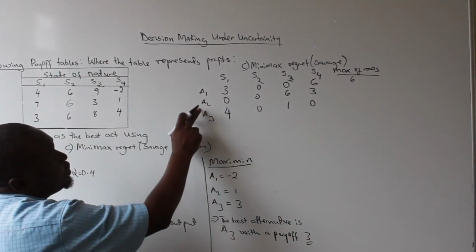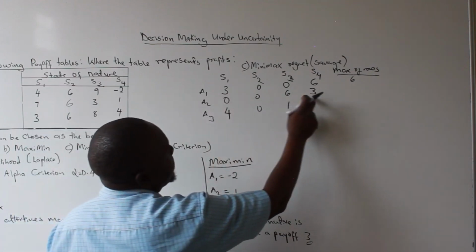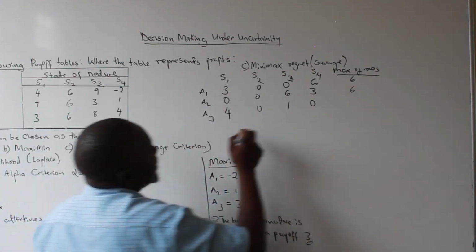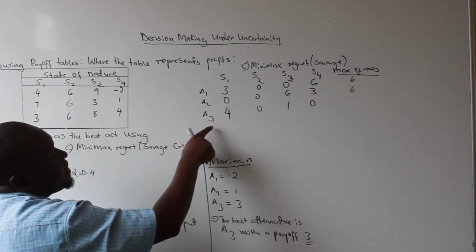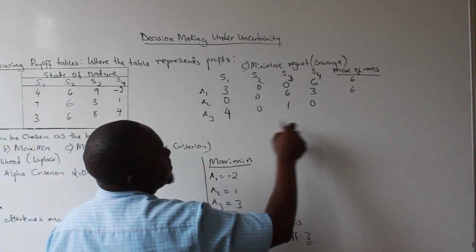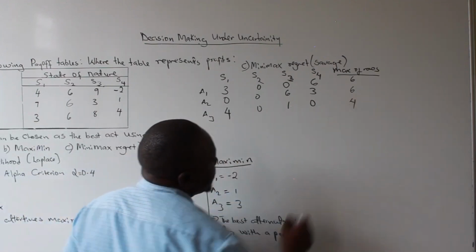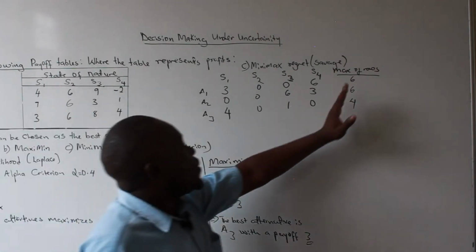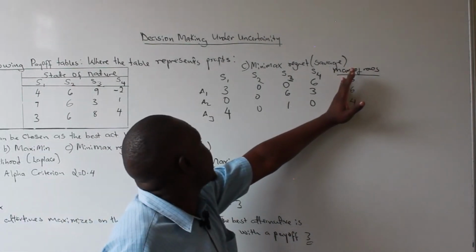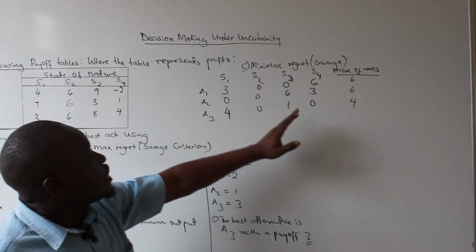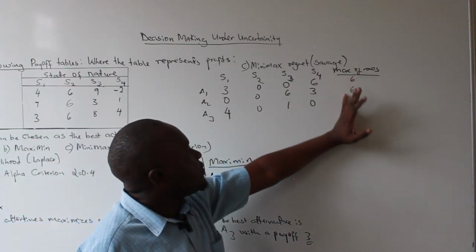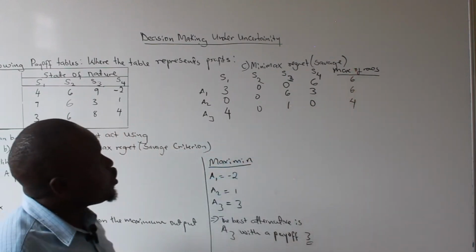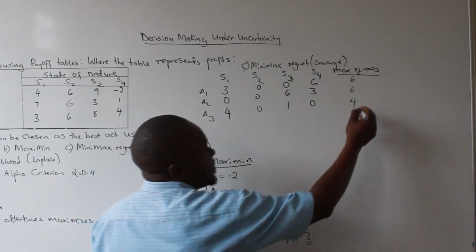Under A2, the same way, the maximum is 6. And the final one, A3, the maximum is 4. Now we have all the maximums. Under the minimax regret, you look for the minimum from that column. So the minimum will be 4.